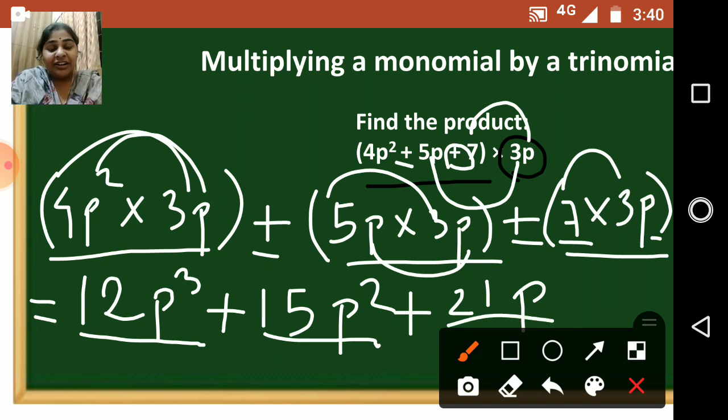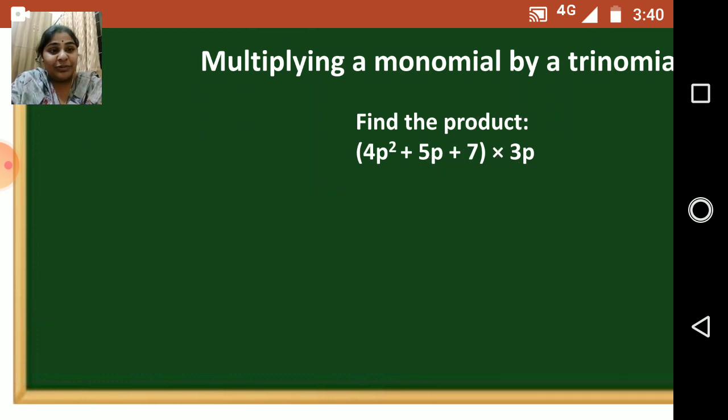Here there are no like terms, so further we cannot solve, we cannot add it, right? If there are like terms, you can add or subtract them, but if there are no like terms, you cannot add or subtract. So this will be the final answer. I hope this is clear how to solve a monomial by a trinomial.